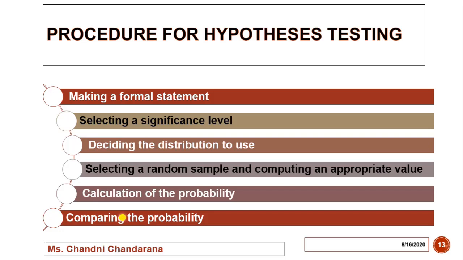Now we are able to find out whether it comes under the significance level or whether there is any error, you can say alpha error or beta error, or one-tailed test or two-tailed test. So this is all about the procedure for hypothesis testing.